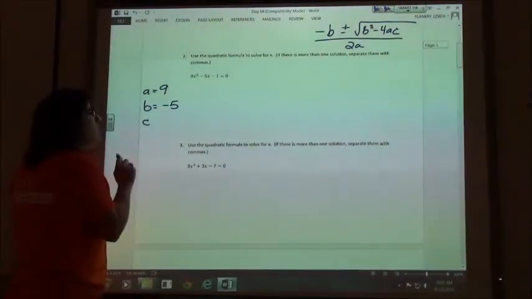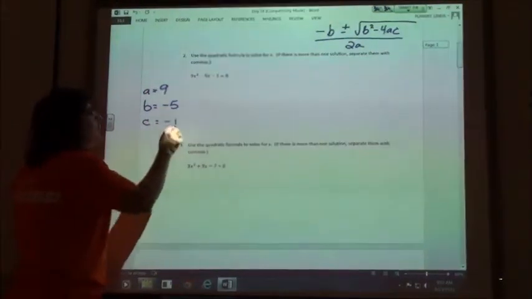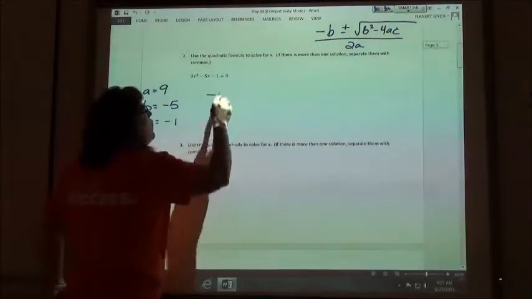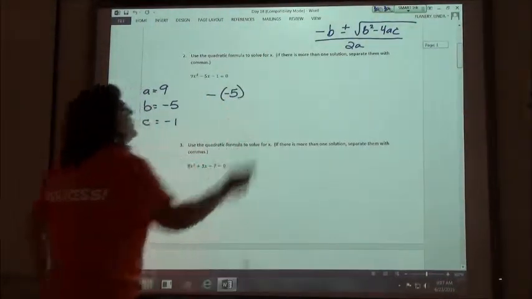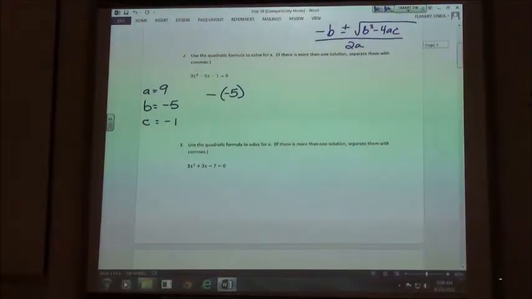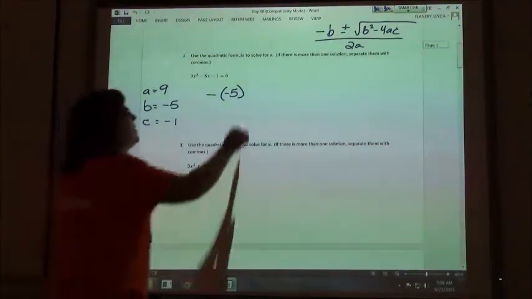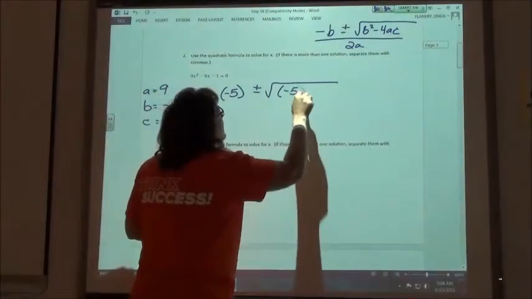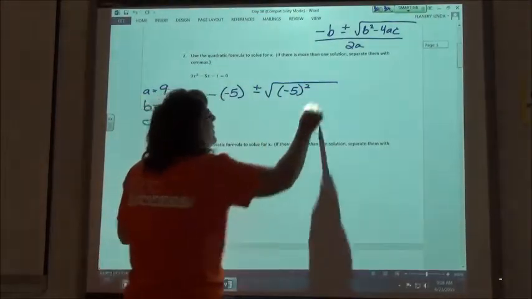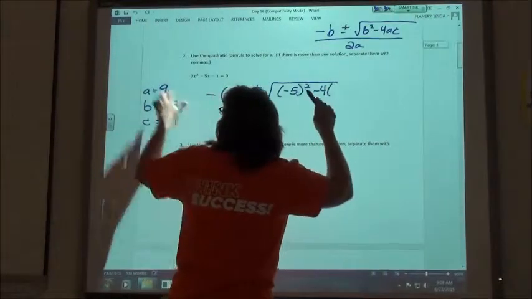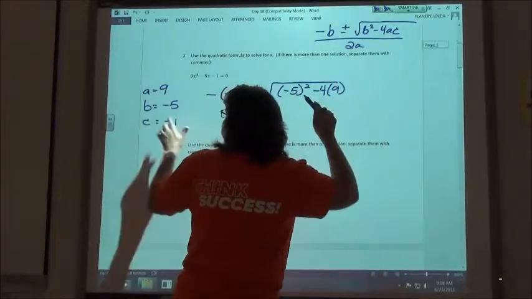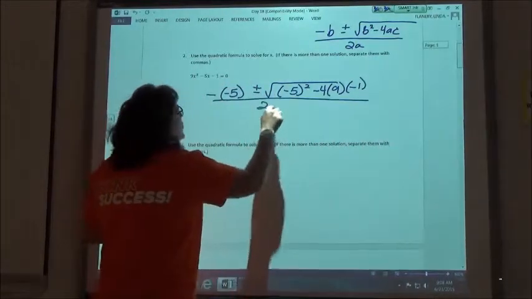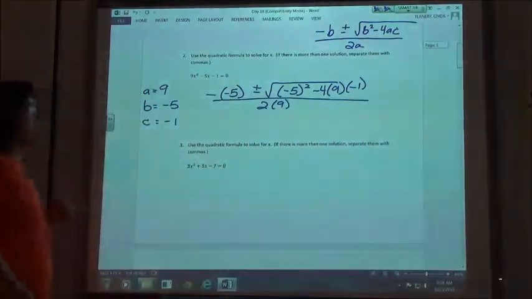And my c value is negative 1. So plugging that in, I'm going to have minus from the formula, and in my parentheses, negative 5. Minus a negative 5, which we'll simplify in a minute. Plus or minus the square root of negative 5 squared minus 4 times the a value, which is 9, times the c value, which is negative 1, all over 2 times the a value of 9.